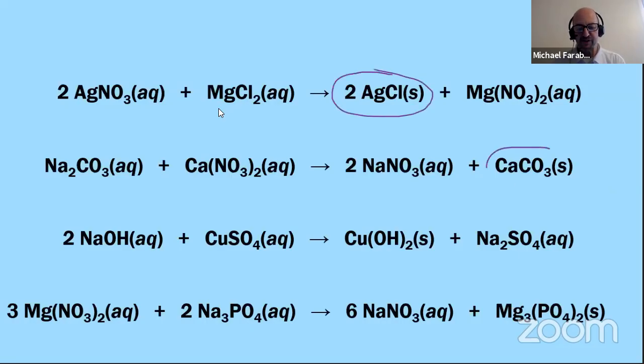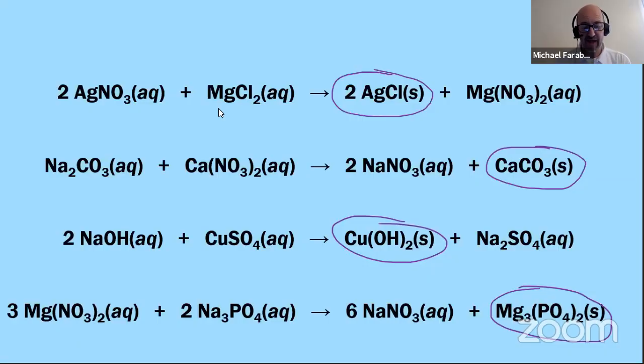The common feature in a precipitation reaction is that there should be a solid product. And as I gave you lessons yesterday about net ionic equations, you could pause the video right now and write the net ionic equation for each one of these 4 reactions, where the compound that I circled is going to be the only chemical that is featured on the right side of the equation.